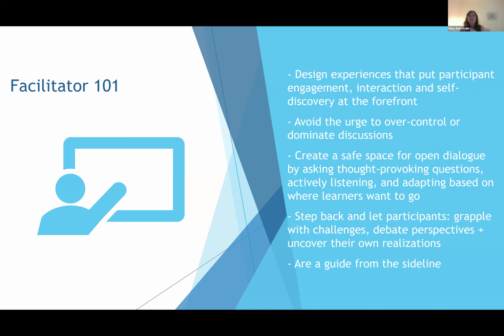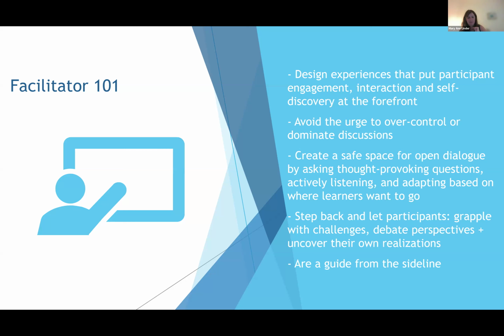The first key to facilitation is that you're designing experiences that put participant engagement, interaction, and, very importantly for adults, self-discovery at the front. Adults learn by conceptualizing their learning, so it's really important that they have someone who can help them translate it.